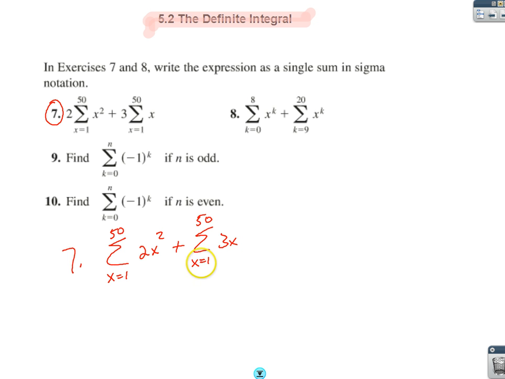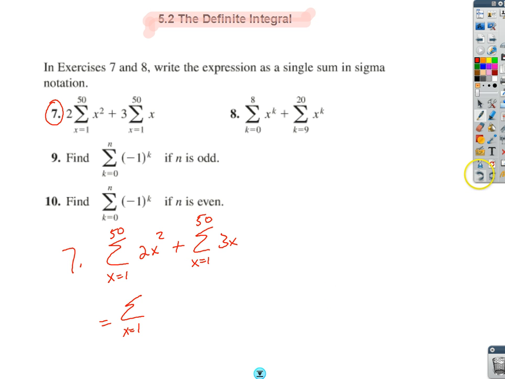And like I said before, because my sigmas extend through the same range of numbers, I can rewrite that as sigma x equals 1 to 50 of 2x squared plus 3x.